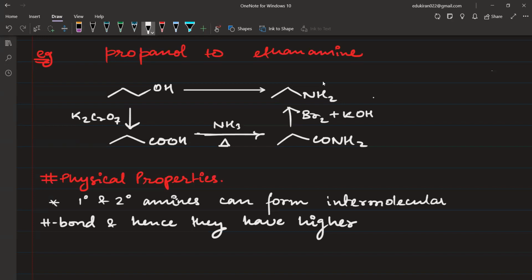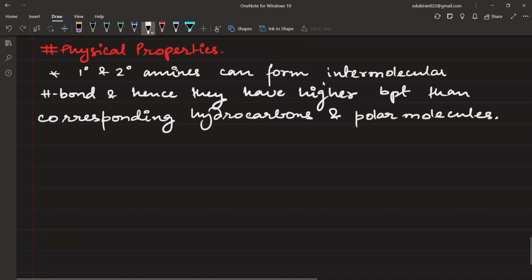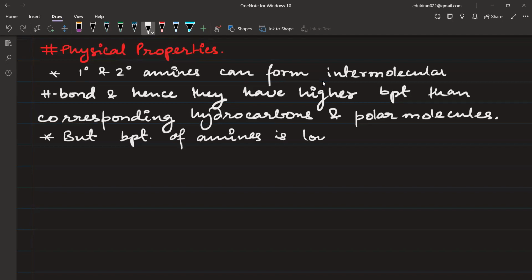Hence they have higher boiling point than corresponding hydrocarbons. And polar molecules. But boiling point of amines is lower than that of alcohol and carboxylic acid.